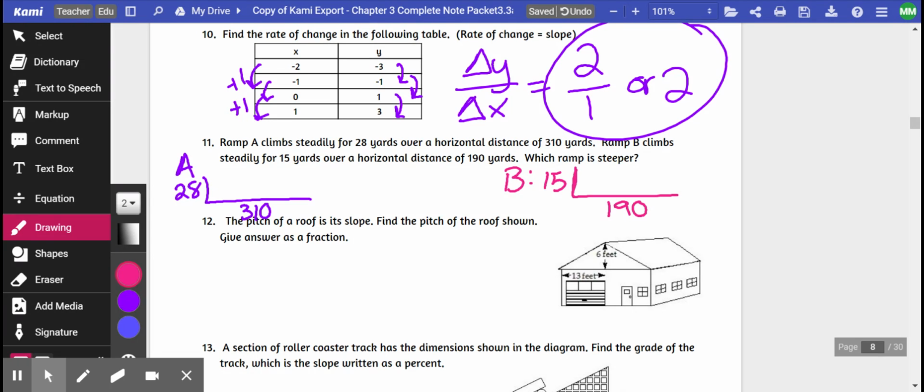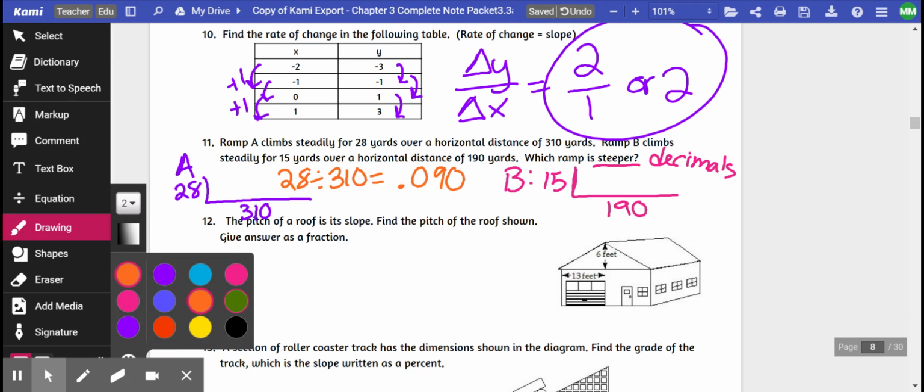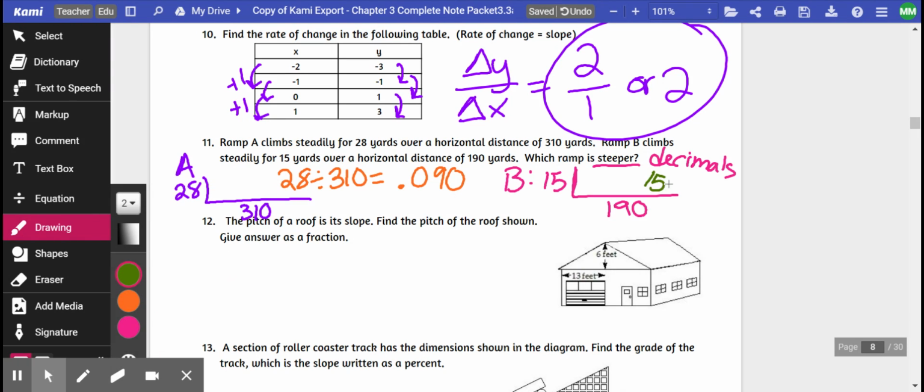So what we can do to figure out which is steeper is we can write these as decimals. So I'm going to take 28 divided by 310, and in my calculator I get 0.090. For B, I'm going to take 15 divided by 190, and I get 0.078. So because ramp A has a higher value for the slope, we can say that ramp A is steeper.